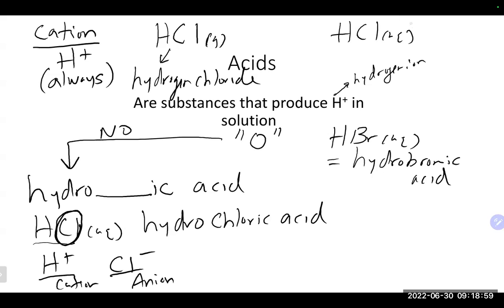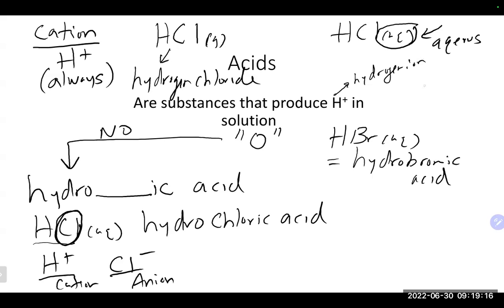HCl, that has the AQ next to it, which means aqueous. It means it's in solution. And it means when you put hydrogen chloride gas in water and bubble it through it, you get hydrochloric acid.